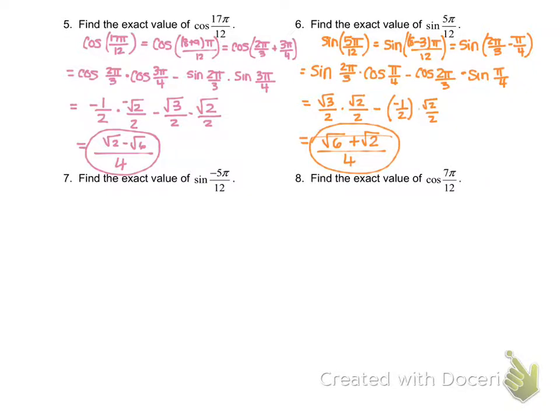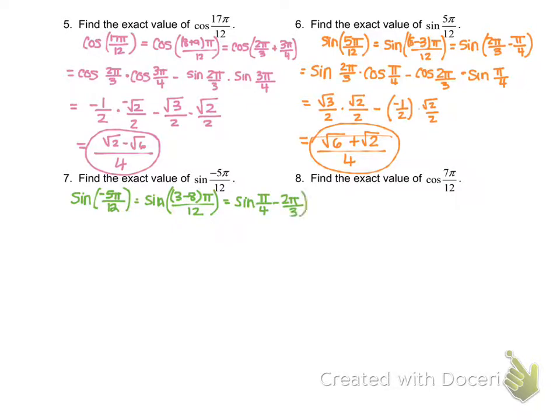Okay, so for the next one, we have negative 5 pi over 12. So I'm going to do something very similar, except I'm going to use sine. I'm going to switch the problem around and just write it as sine of 3 minus 8 pi over 12. So we have sine of pi over 4 minus 2 pi over 3.